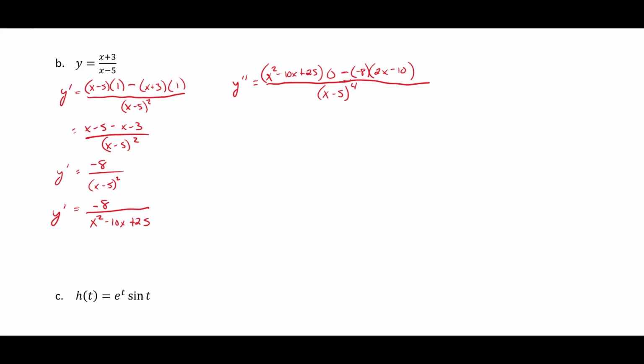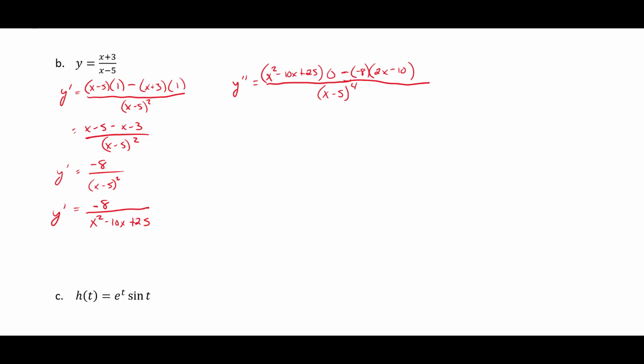Now I'm doing a little trick here. When we wrote it out in the expanded form, x squared minus 10x plus 25, that's still x minus 5 squared. So I just used that nice simplified version so that I don't have to say it's x squared minus 10x plus 25 quantity squared. We already know that the denominator, x squared minus 10x plus 25, is x minus 5 squared.